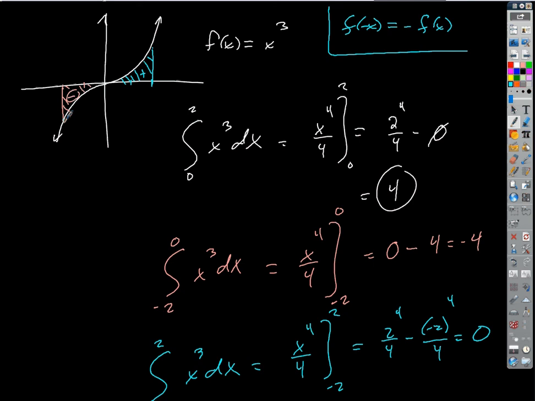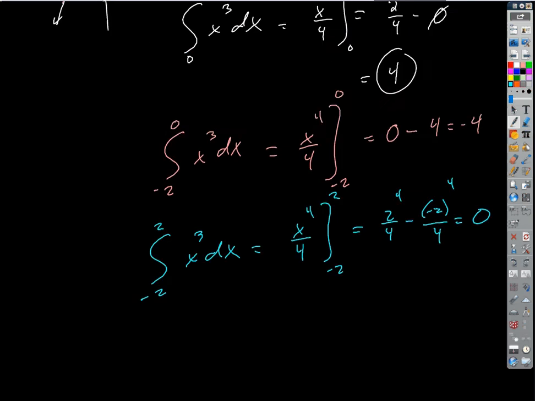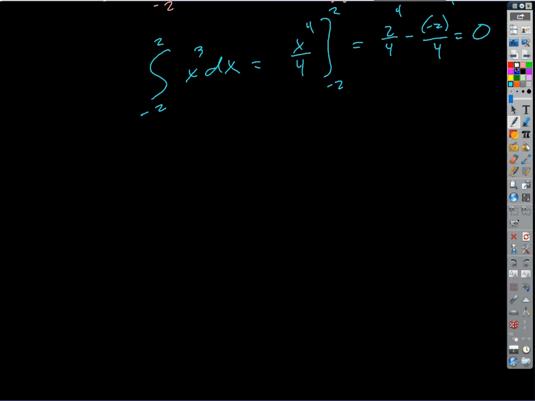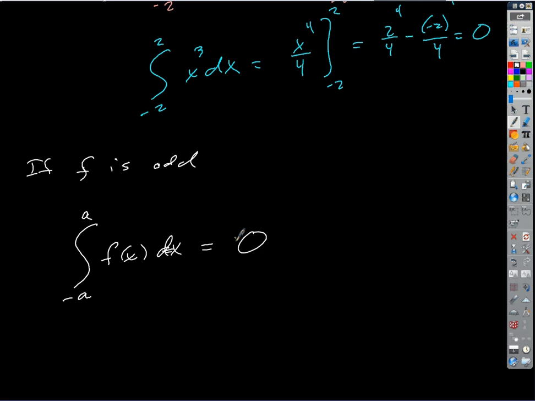Right? That's always going to be true. So if f is odd, then the integral of f of x dx from -a to a has to always equal 0, doesn't it? Make sense?